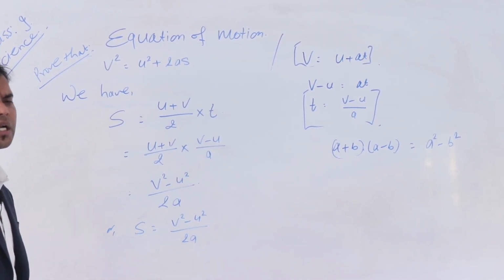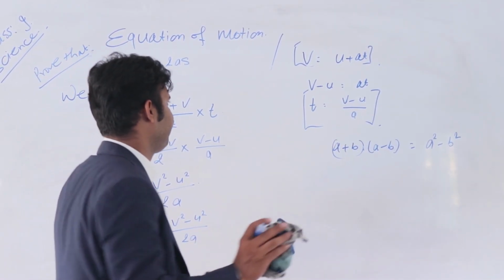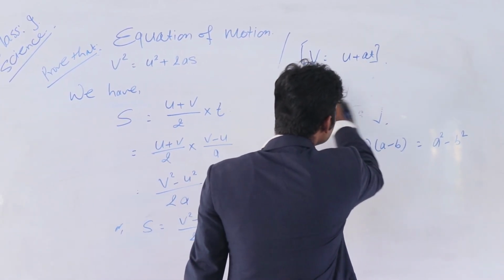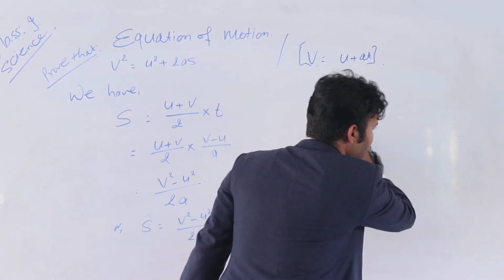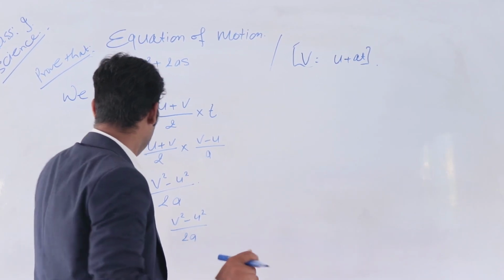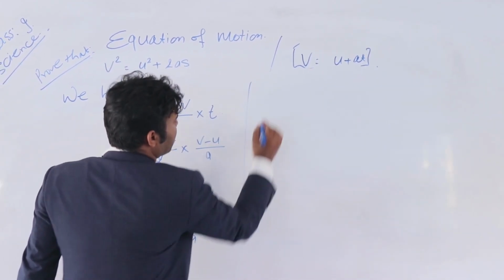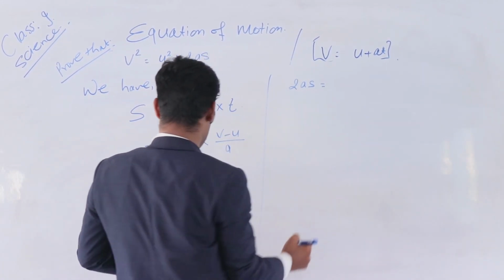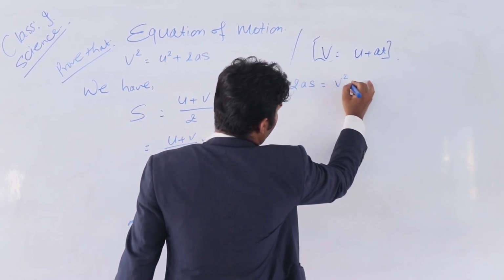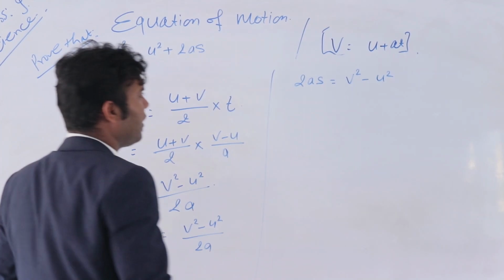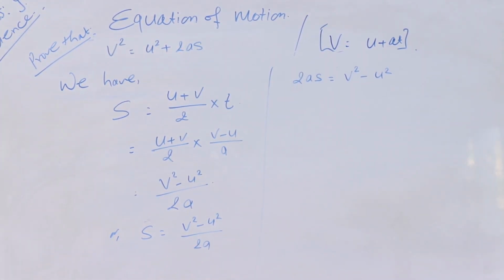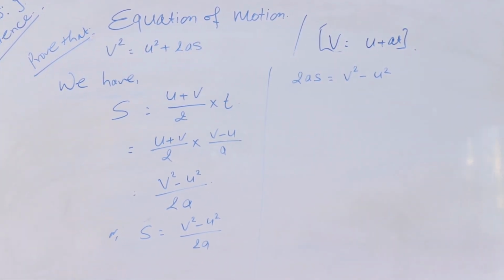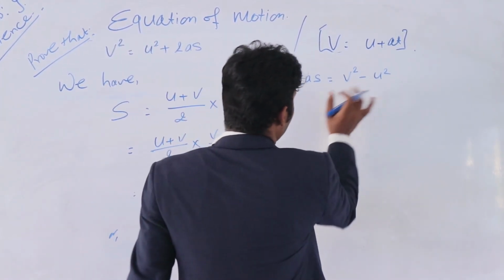Please do the cross multiplication. You know, 2as is equal to v square minus u square. Isn't it? 2as is equal to v square minus u square.